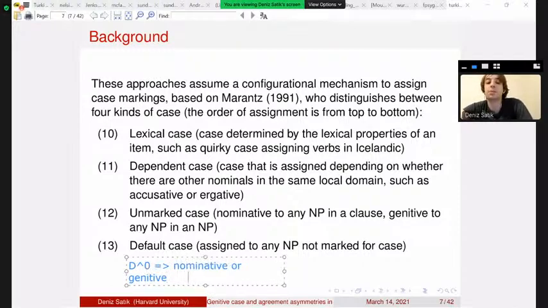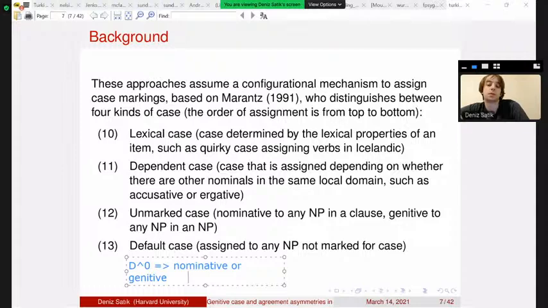If the NP is located inside the verbal domain, like a proper clause or something like that, like in a little VP, then it would be assigned nominative. If it's located somewhere inside the extended nominal projection, it would be assigned genitive case. But either way, these are always assigned unmarked case. Is that what you're getting at, I think?